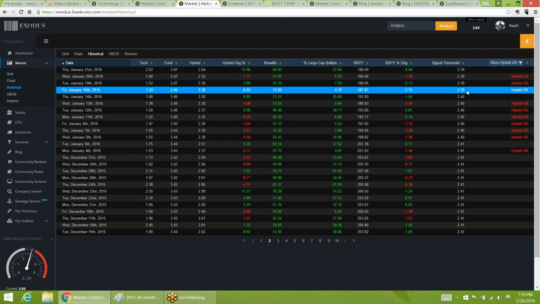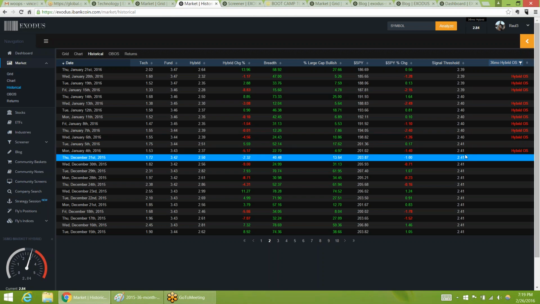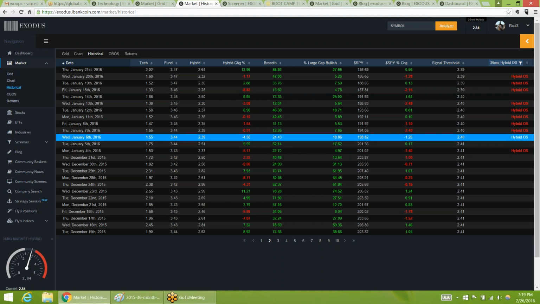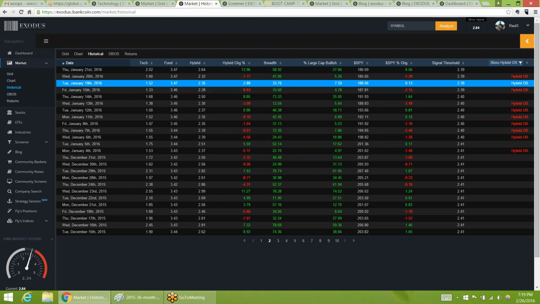And that's something that some people misunderstand. They think that these thresholds are adjusted manually, but they're not. This is all done automatically by the software as it takes in more information. So you can see the signal threshold went from 2.41 all the way down to 2.39 by the time it was all over.